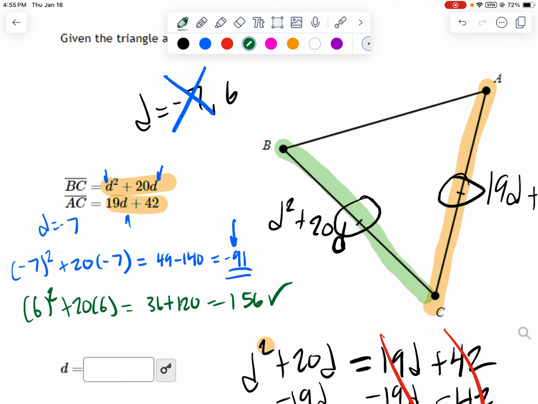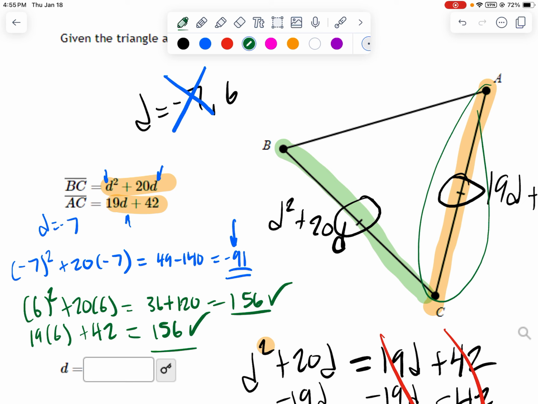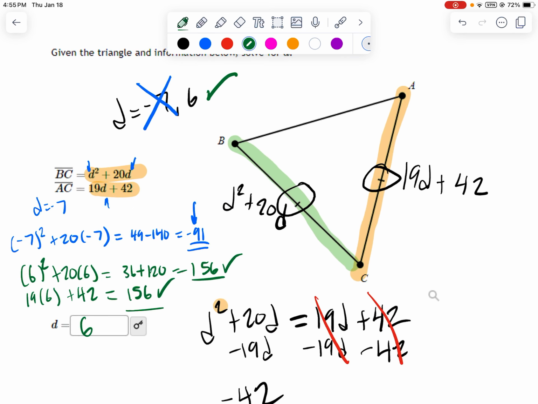Likewise, we have 19 times 6 plus 42. 19 times 6 is 114, plus 42 is 156. Also a positive number, and they should be the same number because we know these two sides are congruent. They're both positive, which means that 6 is a valid solution, and that is your answer.